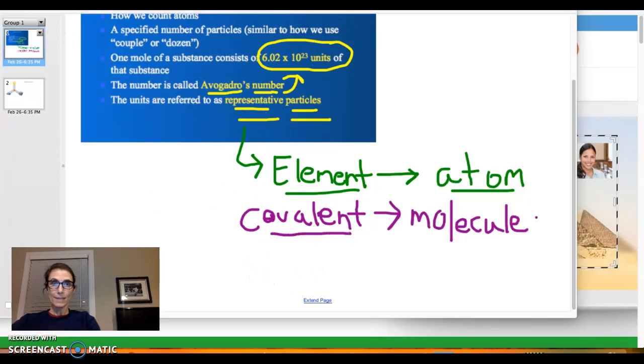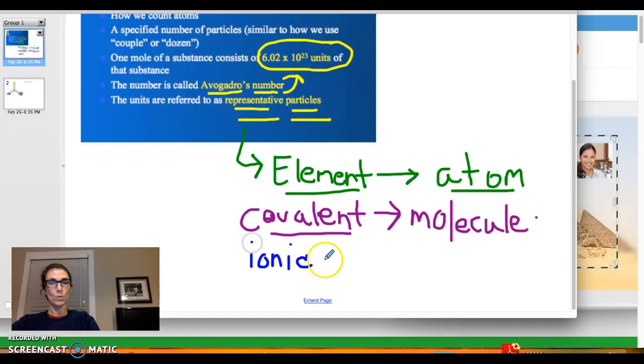And lastly, if we're talking about an ionic compound, and this seems to be the most difficult one for students to remember. When we're talking about an ionic compound, which, remember, is composed of a metal and a nonmetal, the representative particle is a formula unit.